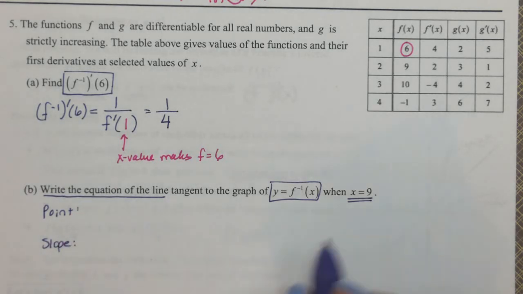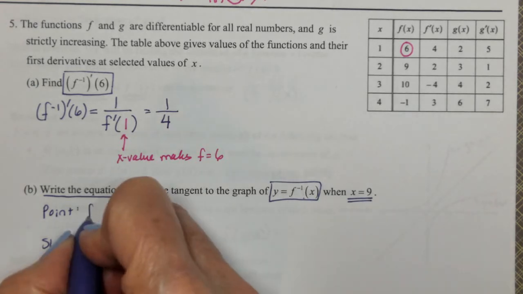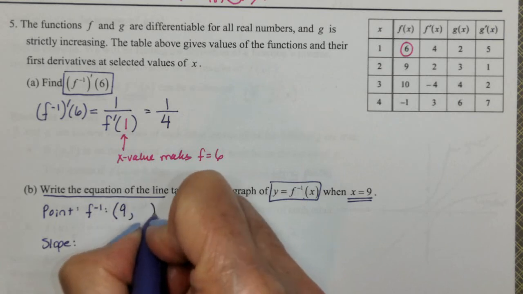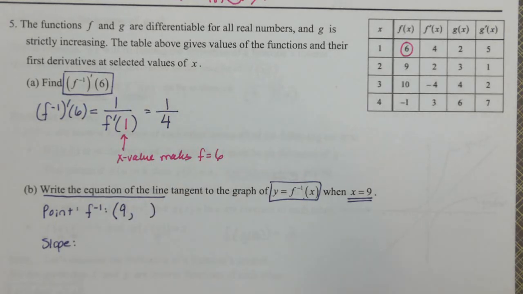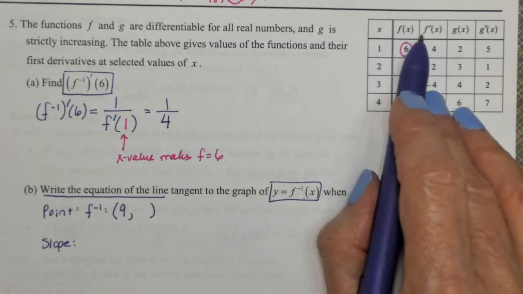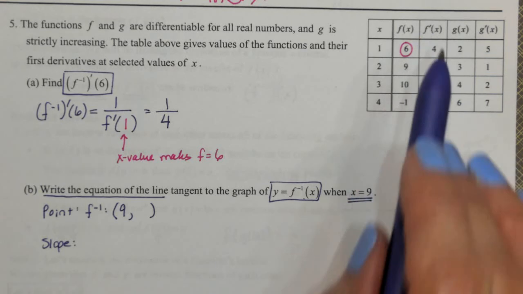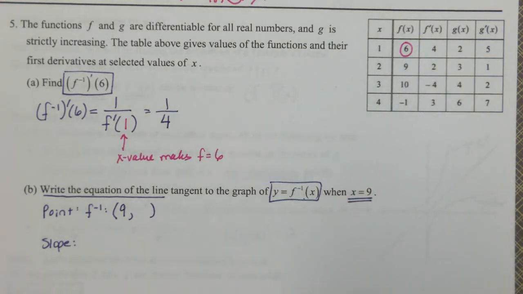The point is on f inverse, and its x coordinate is 9. How do we get the y coordinate? We're going to use f, because up here in the table they don't give us any information explicitly about f inverse. They only give it about f and g.